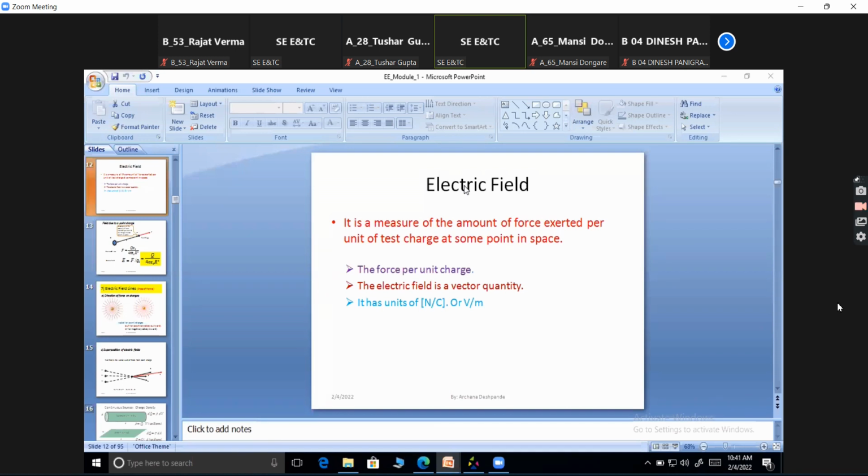Okay, so it's force per unit charge in a simple way. We have already discussed what the force is, actually electric force.